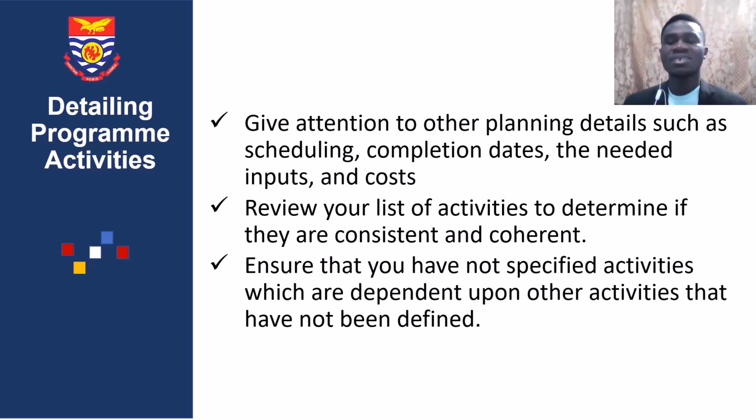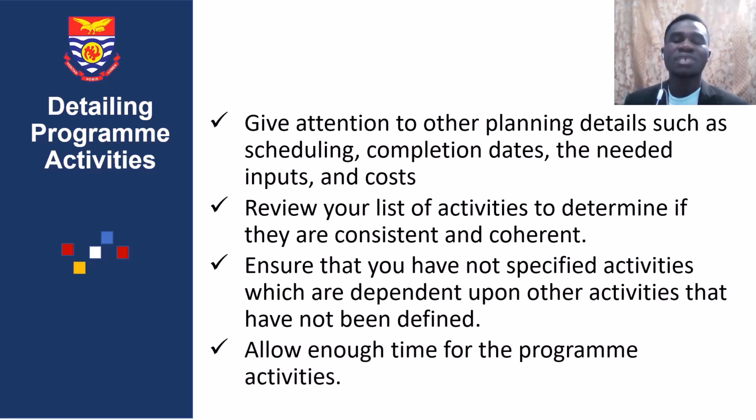So you have stated an activity which will be performed, but before we can do such an activity, it is dependent on a subsequent activity. When this is done, it becomes difficult to perform such an activity. Then you must allow enough time for the program activities.